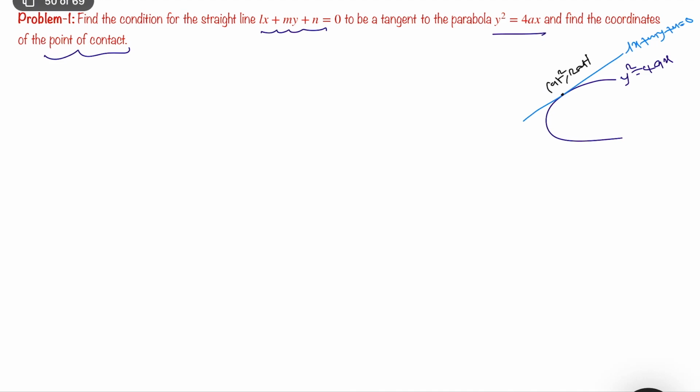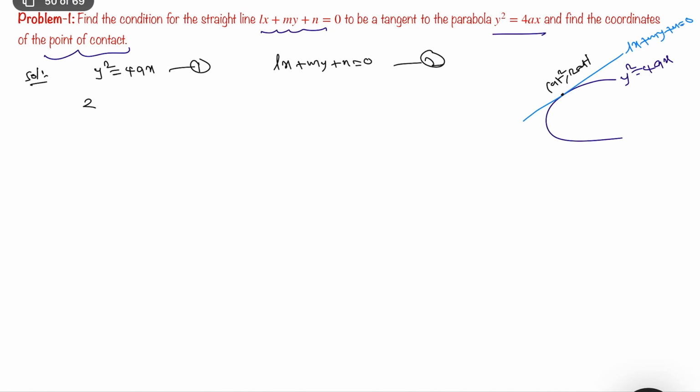Solution. Let me call y² = 4ax equation 1, and lx + my + n = 0 equation 2.